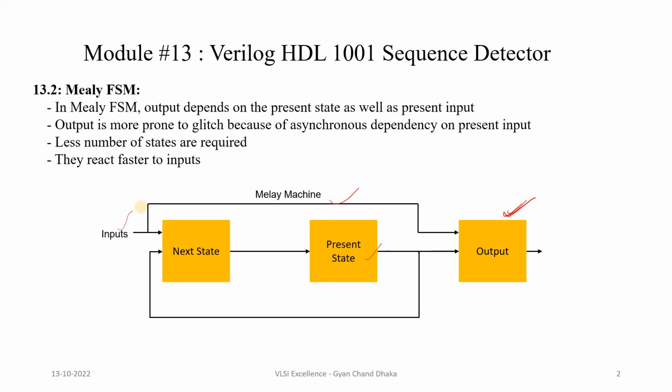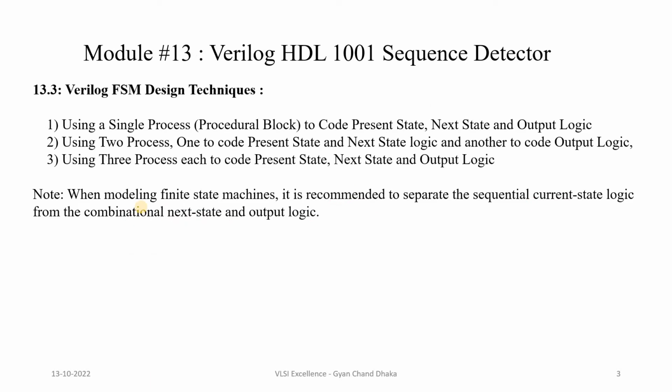Since the output is directly depending on the inputs, the Mealy type of FSMs are faster to react to the inputs. We also discussed in module 13 part 1 that there are three techniques to implement FSMs in Verilog. The first one is using a single process to implement the present state logic, the next state logic, and the output logic. The second technique is using two processes, where one process is used to code the present state and next state logic, and another one to code the output logic.